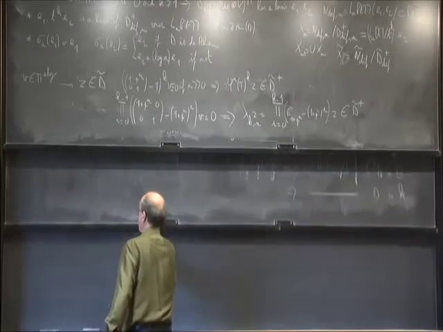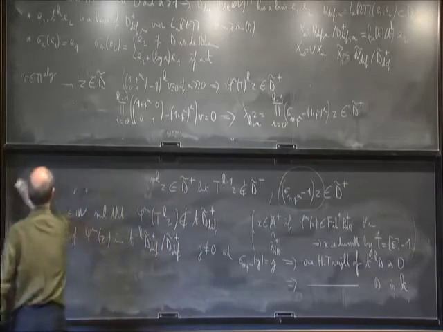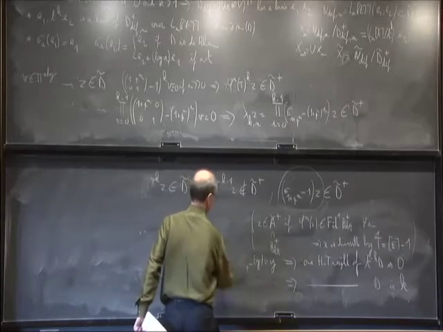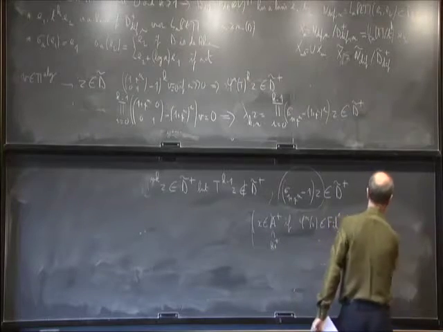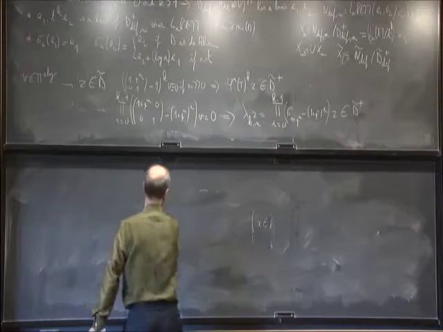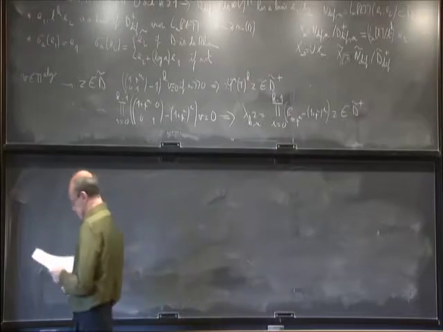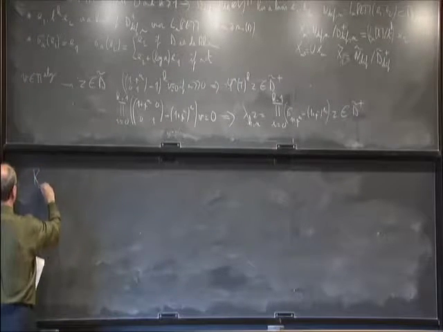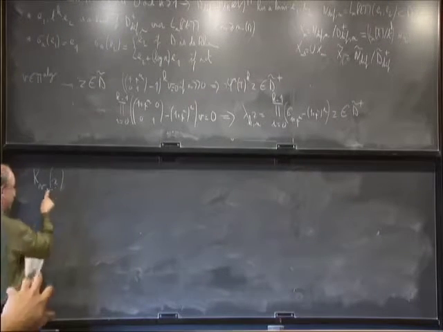So what you do is the following. You define some function kv of x in Zp, in Qp star.